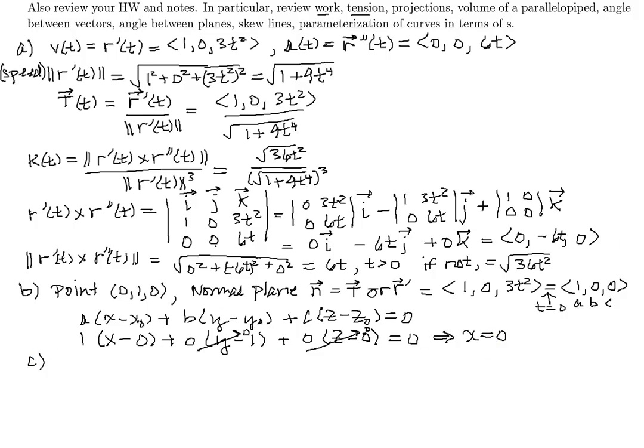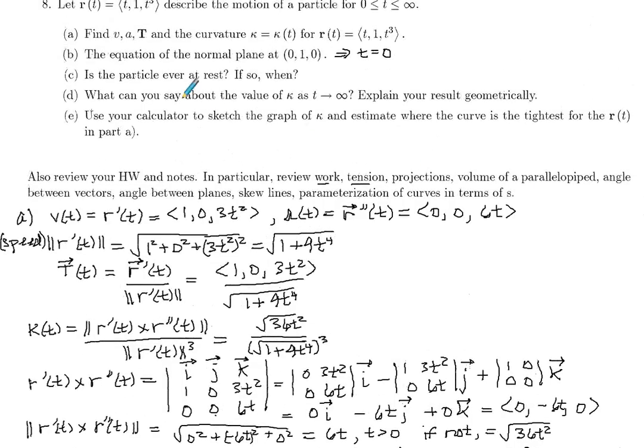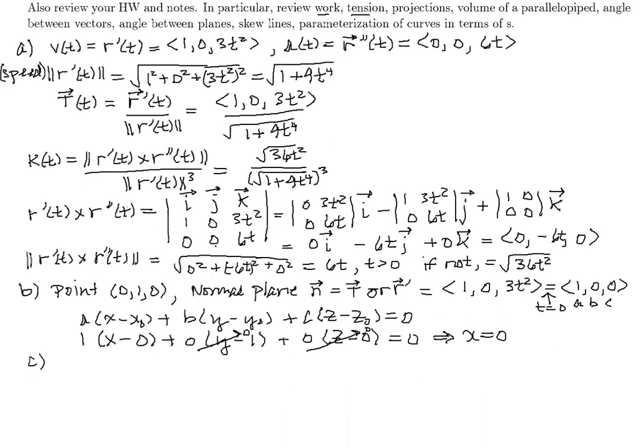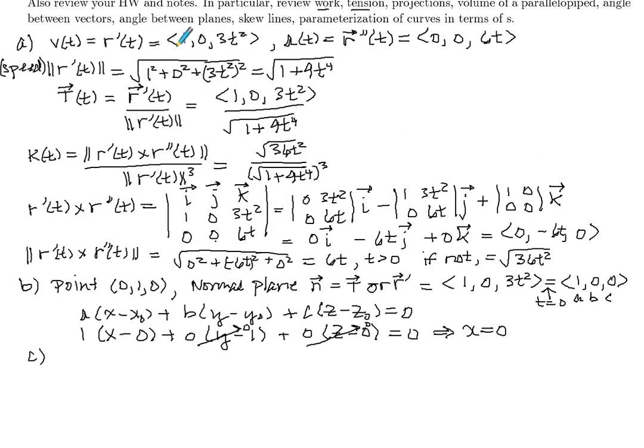Part C asks, is the particle ever at rest? It's going to be at rest when velocity is equal to 0. So this is asking, is velocity ever equal to 0? Well, our velocity is 1, 0, 3t squared, so you'd set 1, 0, 3t squared equal to the 0 vector.